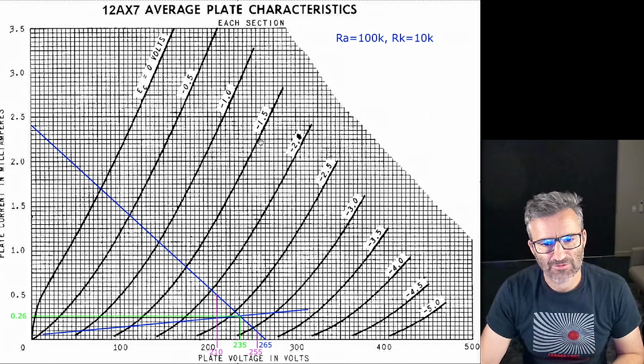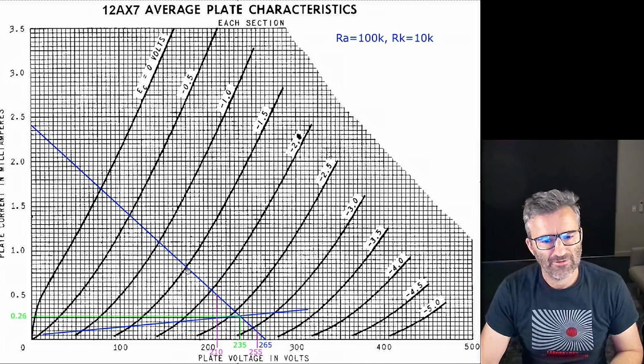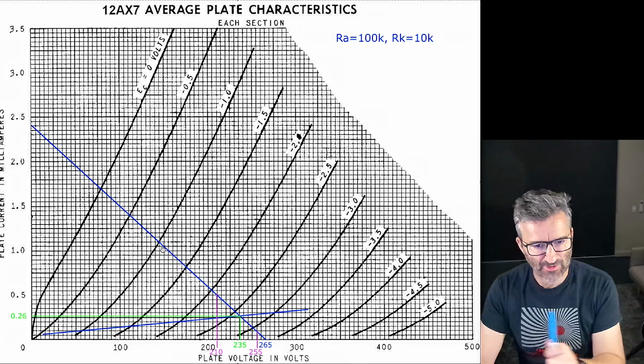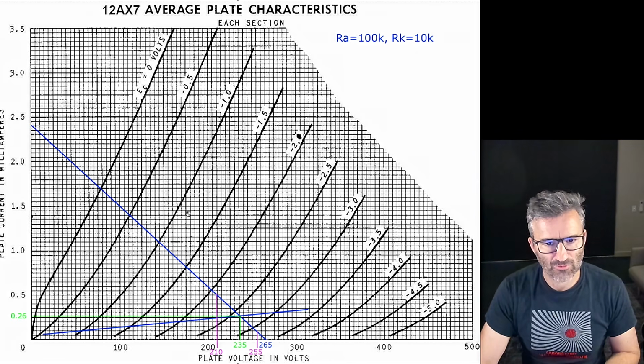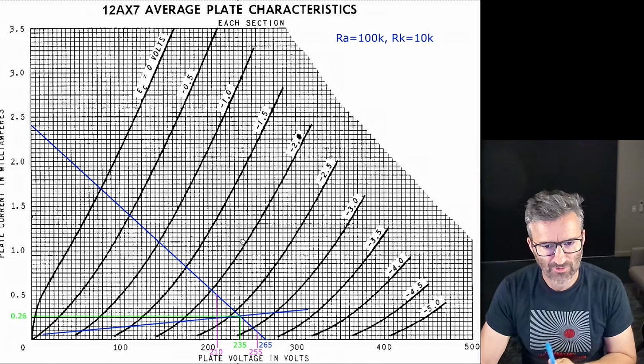You can imagine if your tube is biased at minus 1.5 volts and your operating point is here, then as your grid oscillates back and forward with the AC voltage, let's say it goes plus or minus 0.5 of a volt, right? So from minus 1.5 to minus 1, minus 1.5 to minus 2, that's your grid input.